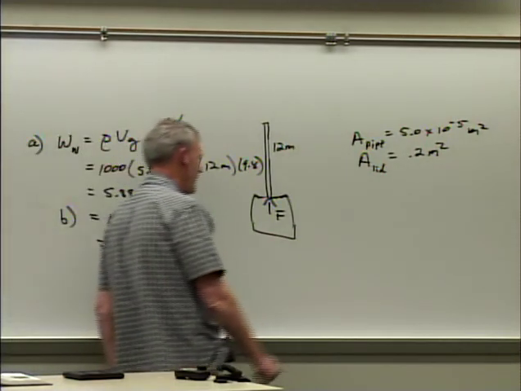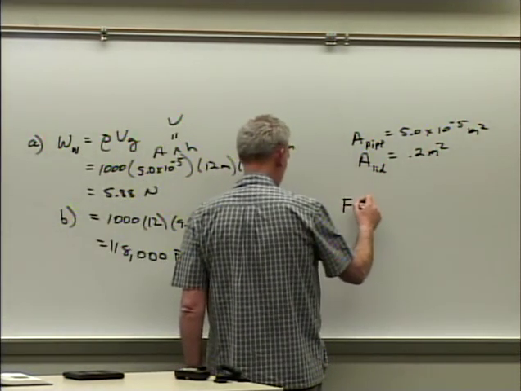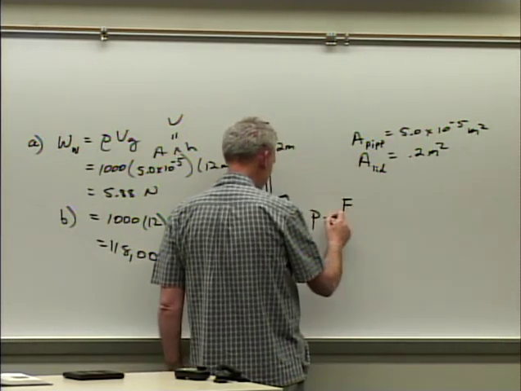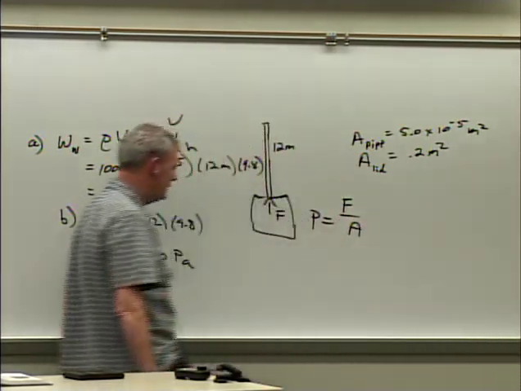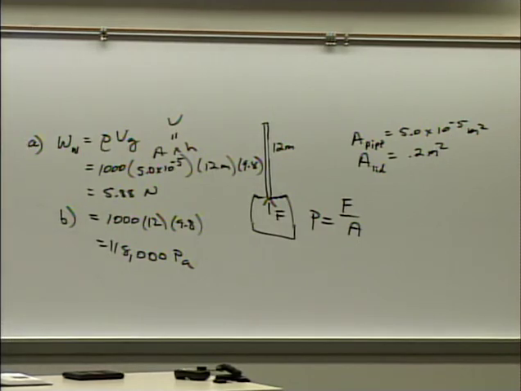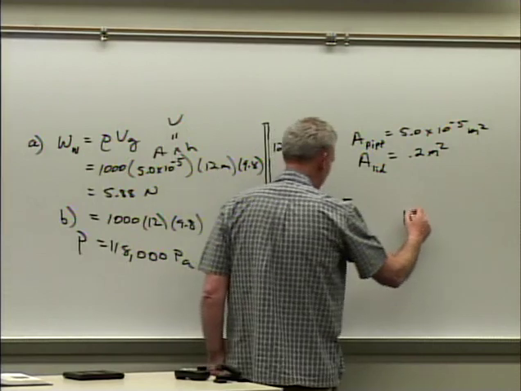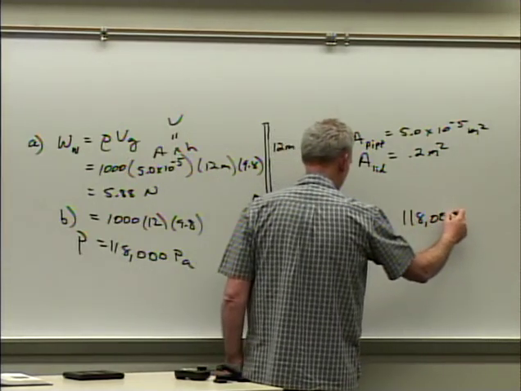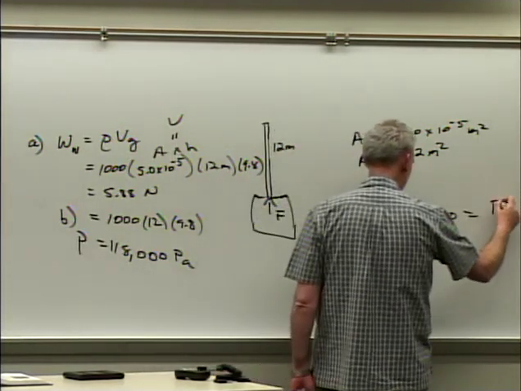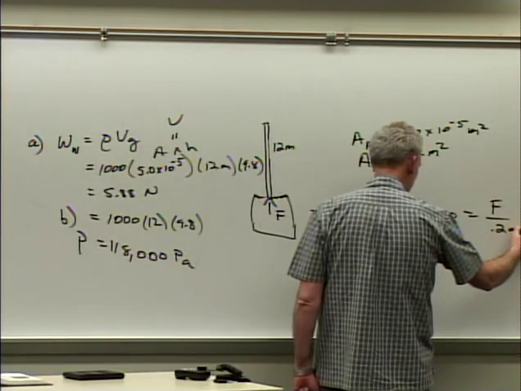Well, the pressure is equal to force over the area. So we take that 118,000 equals some F over the 0.2 meters squared.